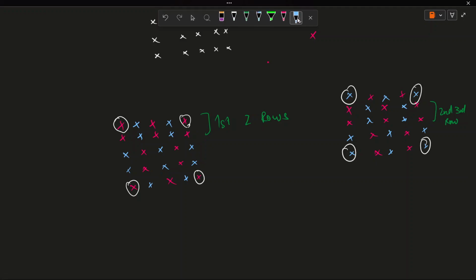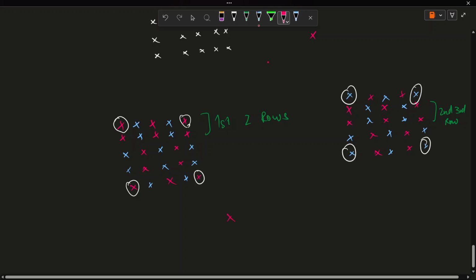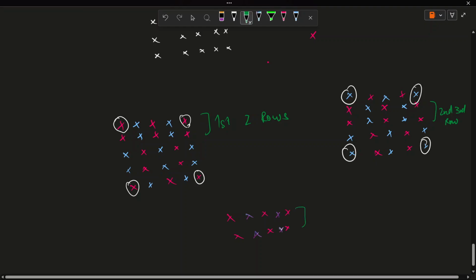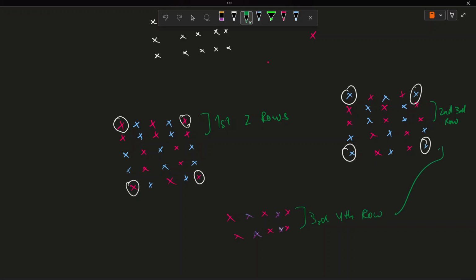Note that the third and fourth rows are exactly the same as the second and third rows. Let me draw it again. If this is the case in the third and fourth rows, then this is exactly the same case as this one, by reversing the diagram.